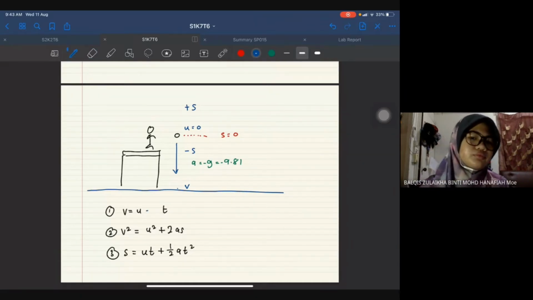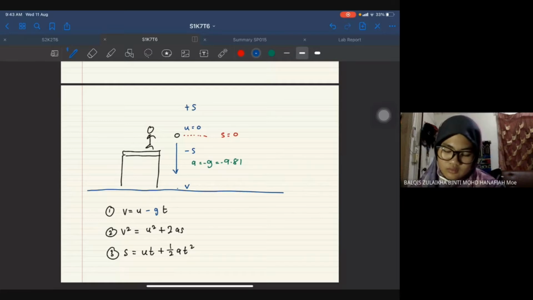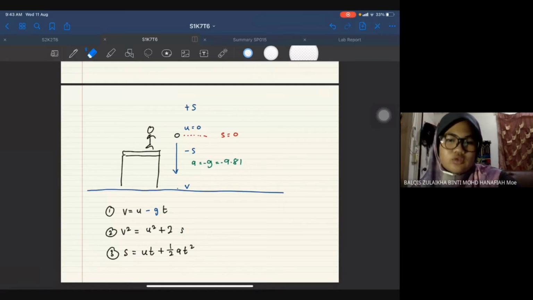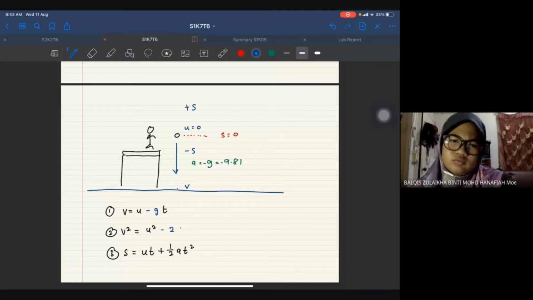So this one becomes negative GT. Understand? Okay, this one we also change to G. I erase everything. So this one becomes negative 2GS. And the last one also becomes negative, and A becomes G.